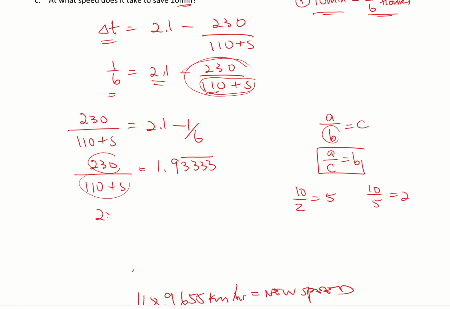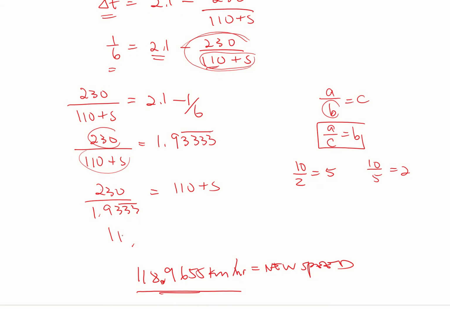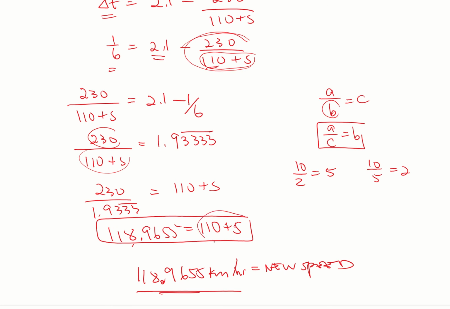So you go 230 over 1.933333 repeating is equal to 110 plus S. So you go 230 divided by 1.933. It gives you 118.9655 is equal to 110 plus S. So since the question is asking you what speed you need to travel at, this is representative of your whole entire speed, okay?